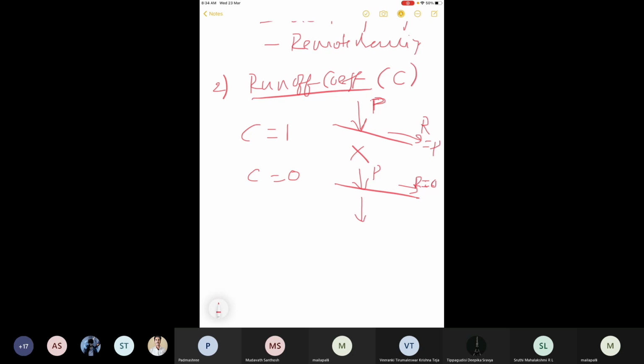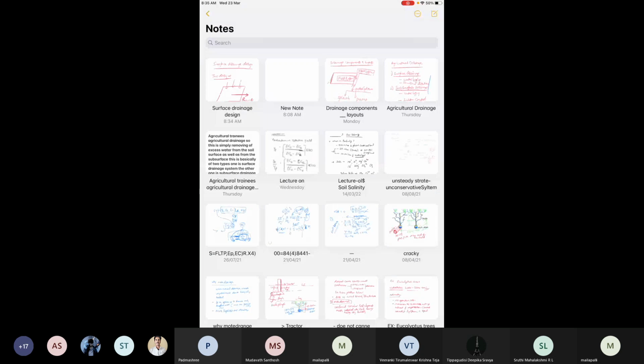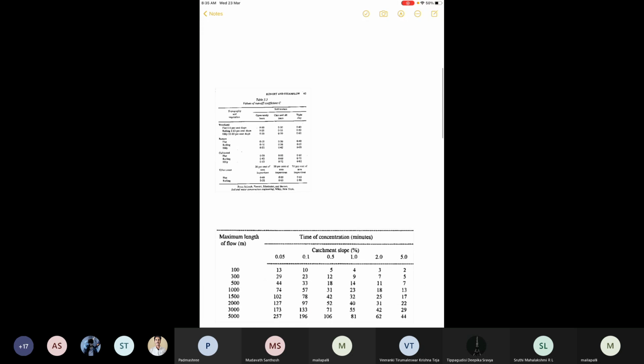So in between 1 and 0, based on the soil type and the topography, you will have the C values defined. There's a table available, so you can get it from the table.